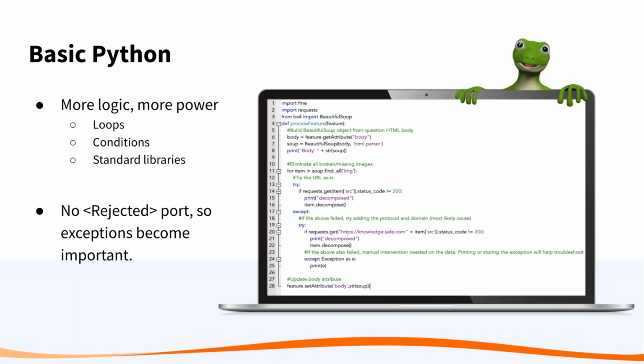So in this example you see here, and that I'll demo in a second, the goal is to make a test request to each image URL in a question body. I start by getting the HTML body from the FME feature and creating a BeautifulSoup object out of that HTML body. That's the soup here in the code.